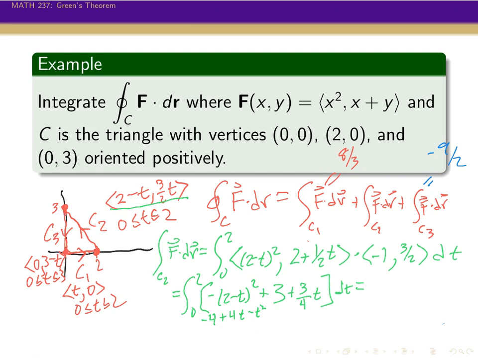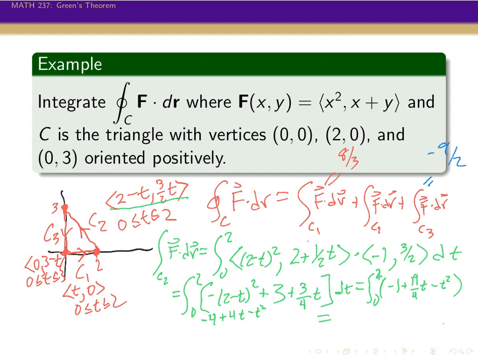Minus 4 plus 3 is going to be minus 1, plus 4t plus 3/4 t, so it'd be 19/4 t. And then my bound is 0 to 2. And then, last but not least, minus t squared.